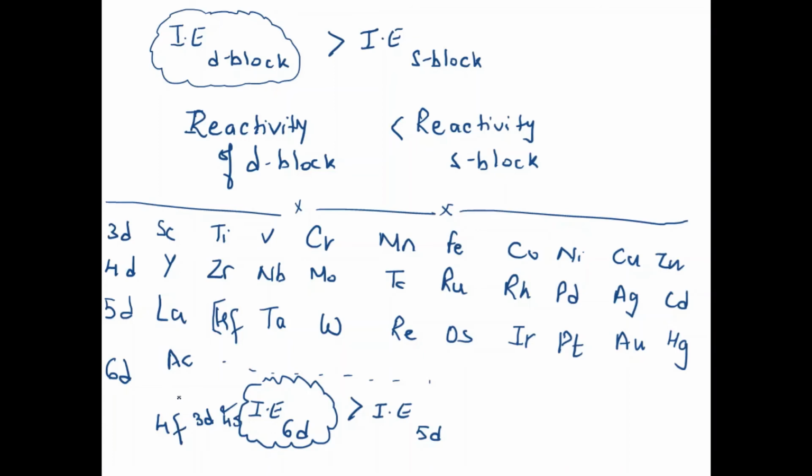Because of the filling of electrons in these 4f orbitals, which have less shielding effect and more effective nuclear charge, the ionization energy of the 6d series is greater than the 5d series.